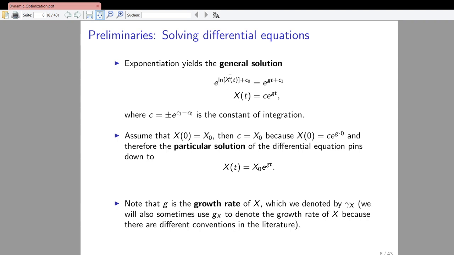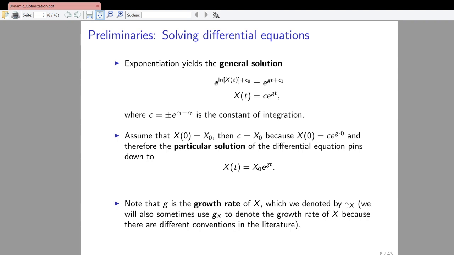Now, e to the power of the logarithm of something is the something itself, so that is what is written inside the logarithm on the left-hand side. And we bring e to the power of C0 to the right-hand side to collect it with the constant of integration there.